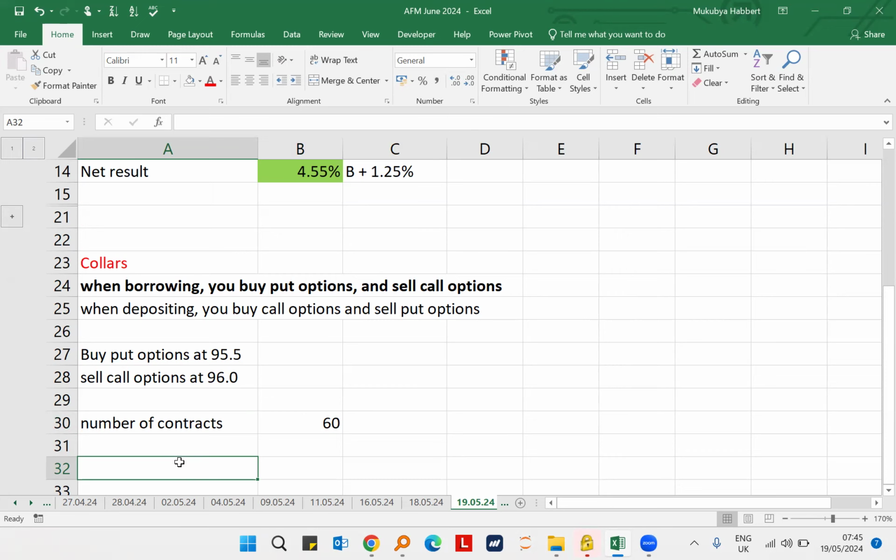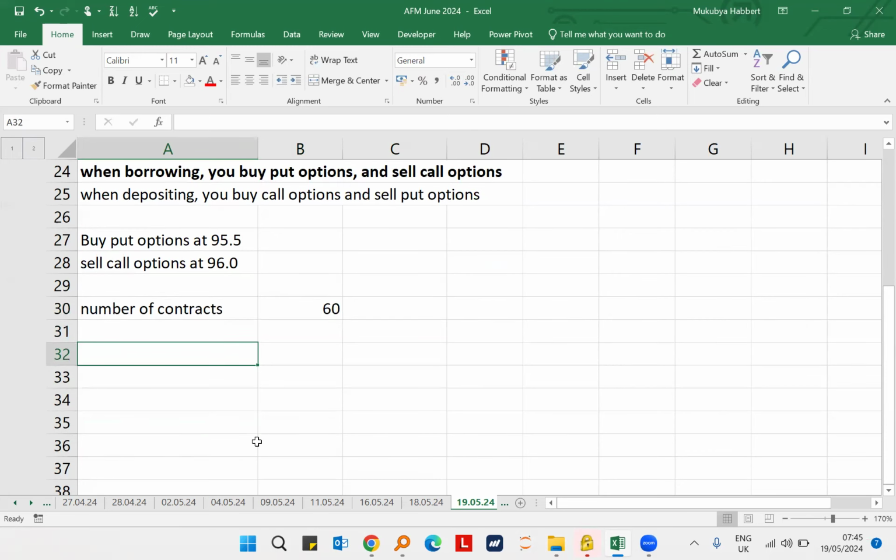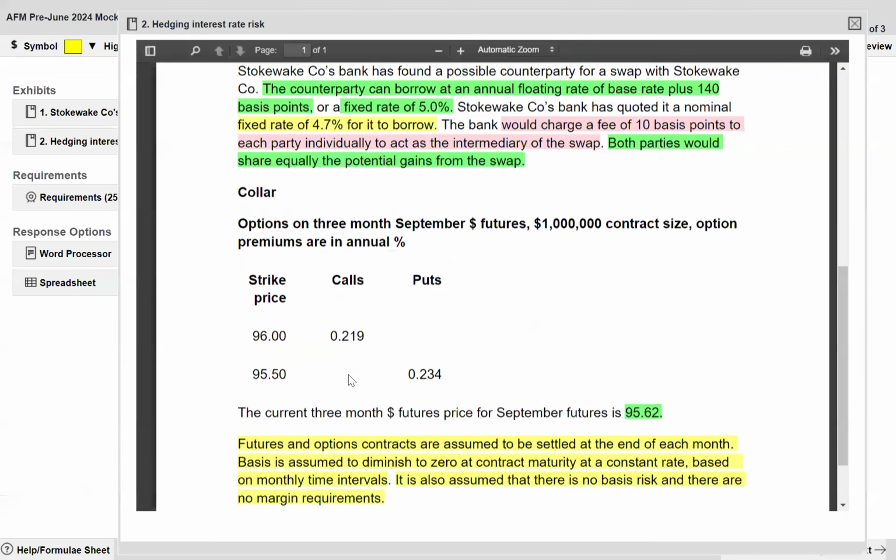But now we need to calculate the basis points, the basis. So we need to first determine the current basis and then the unexpired basis. For the current basis, we are going to look at the price of our interest rates right now, and then subtract the futures price. So right now, what's the price?